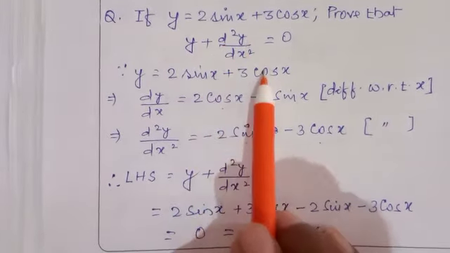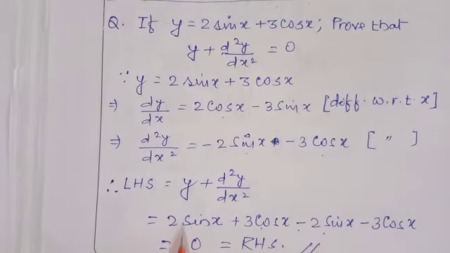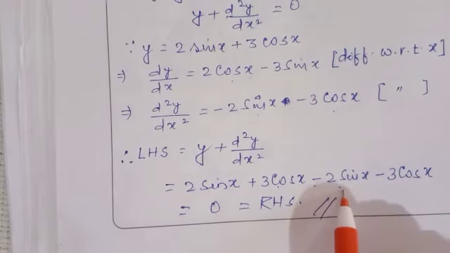Write down the value. What is y? 2 sin x plus 3 cos x, plus d2y by dx square. So open the bracket, plus and minus becomes minus. So minus 2 sin x minus 3 cos x. 2 sin x minus 2 sin x cancels.